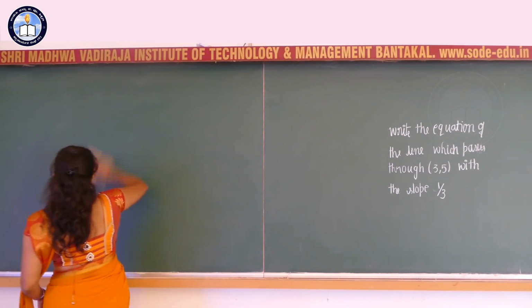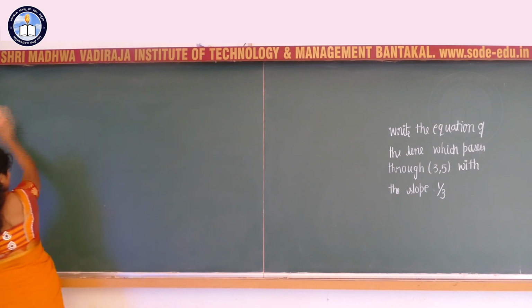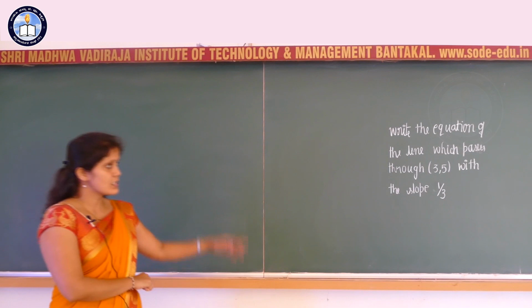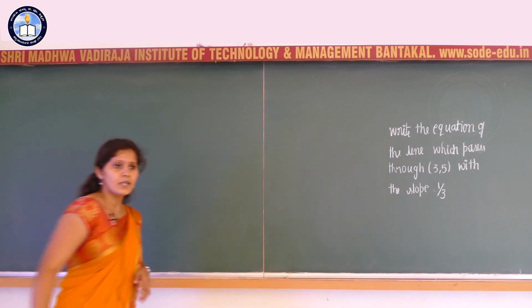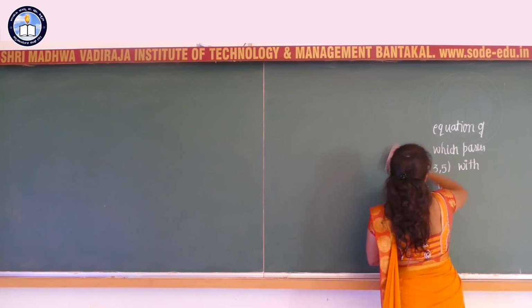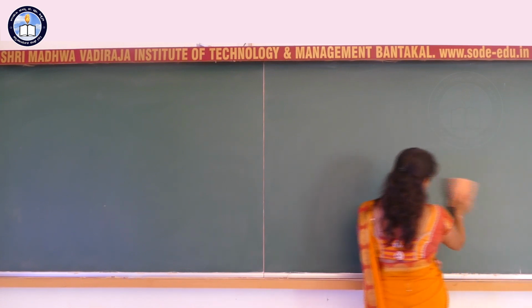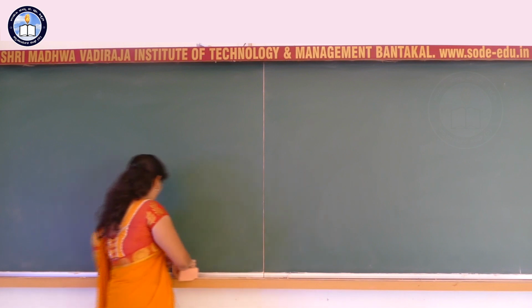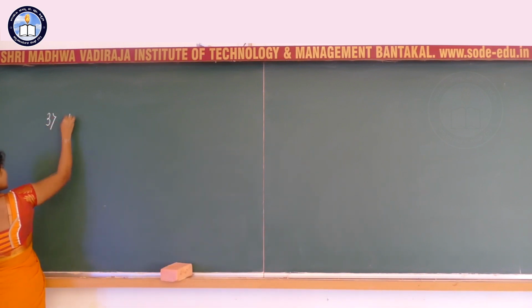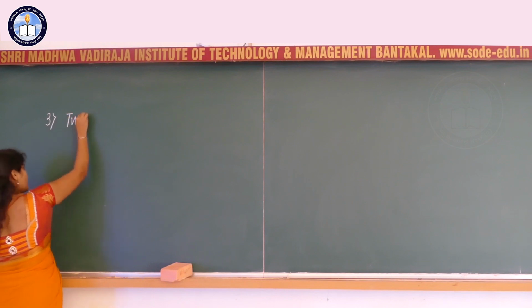So here two forms of the equation of a line are completed, that is the slope intercept formula and the slope point formula. The third one is the 2-point formula. Let's start with the third one, the 2-point formula.